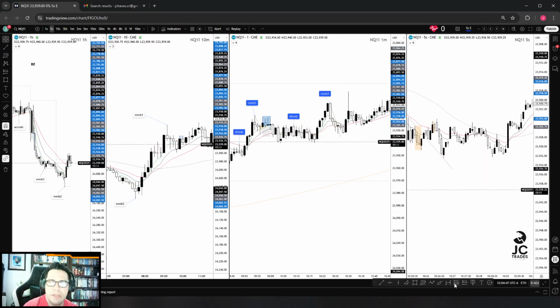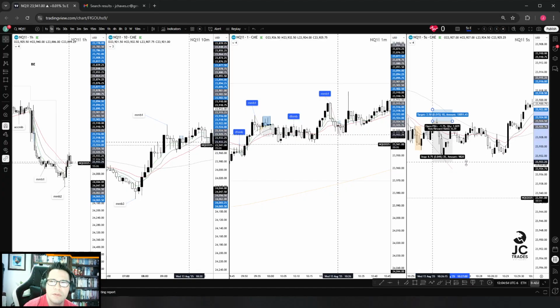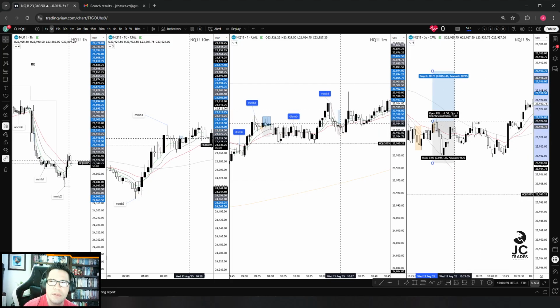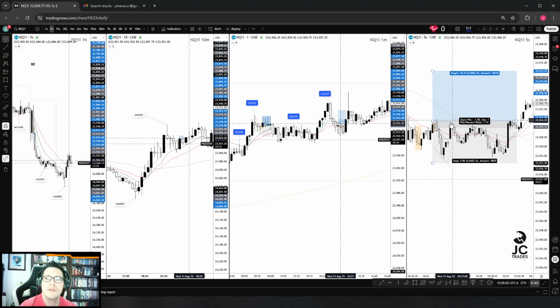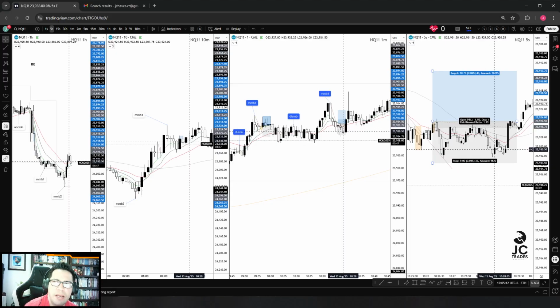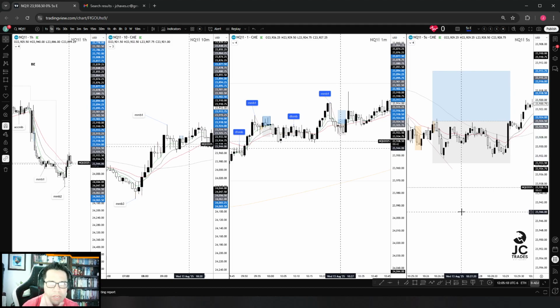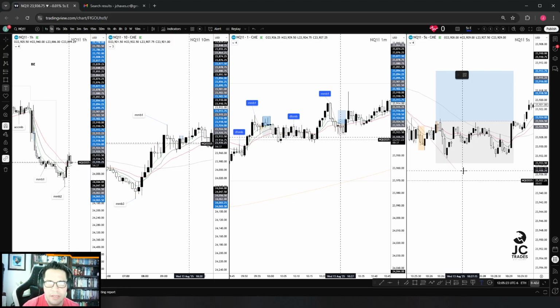So let's place that sell to see how that one would have developed. That would have been our stop. In this case, we would have been tapped in here, got into an over 50% drawdown, then came back into entry point. So in case we would have taken that, this one would have been a break-even trade.